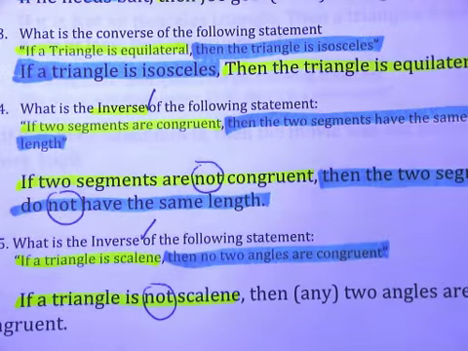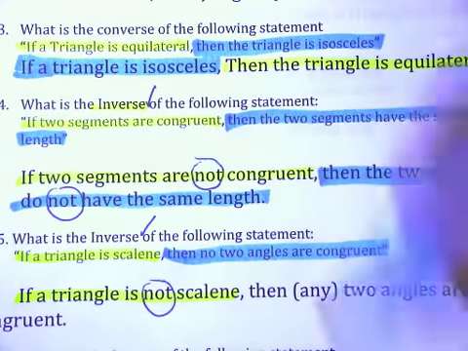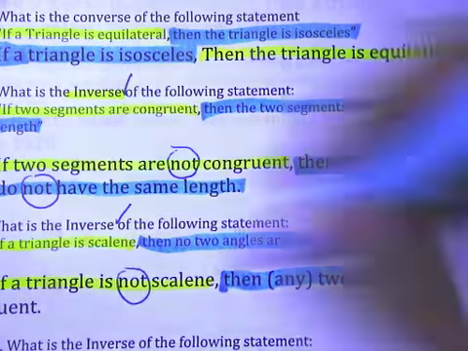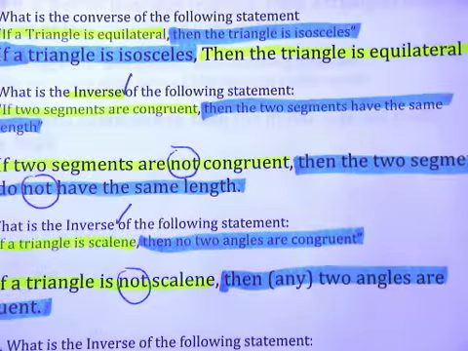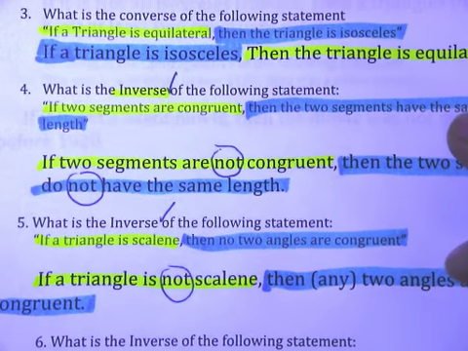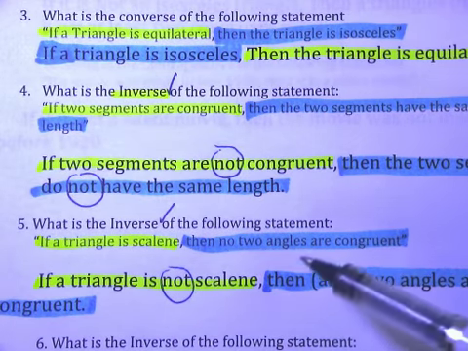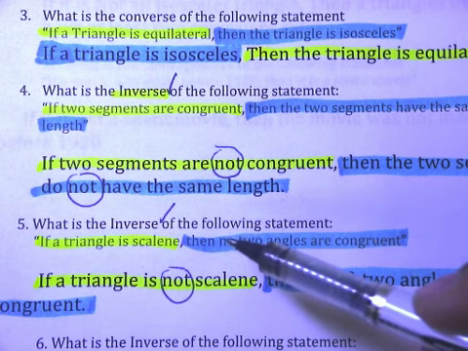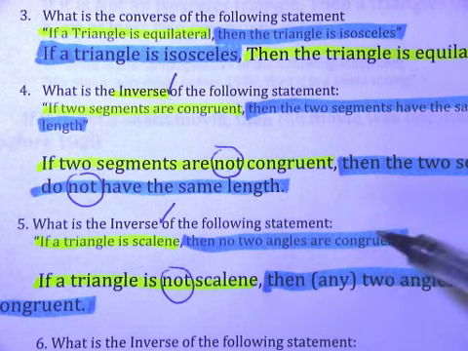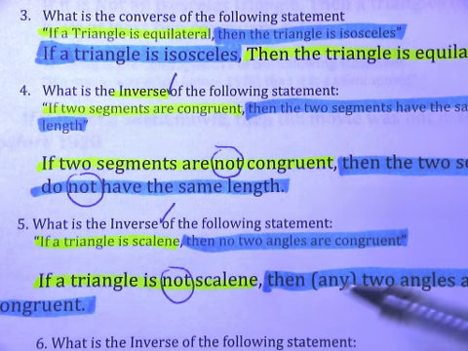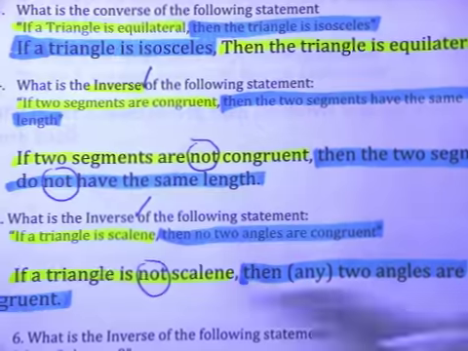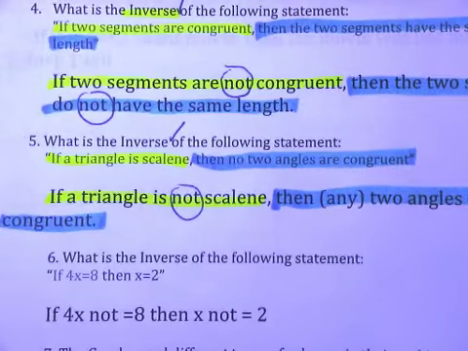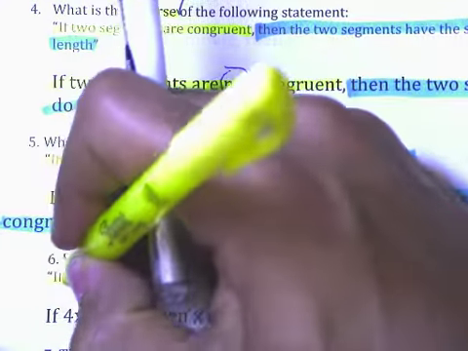Well, it would be if a triangle is not scalene. And what's the negation of then no two angles are congruent? Well, the negation is then any two angles are congruent. And that would be my inverse. The order of P and Q didn't change, but they were negated. What's the opposite of no two angles being congruent? Then any two angles are congruent.